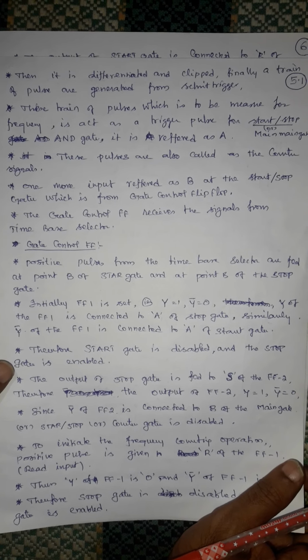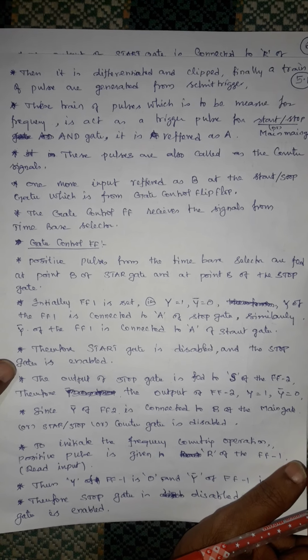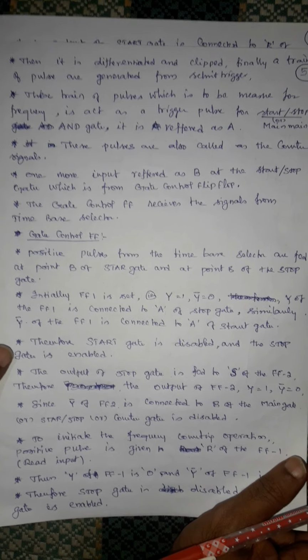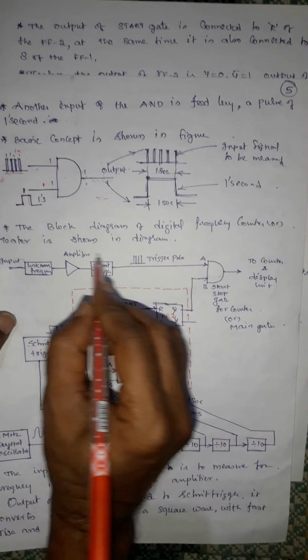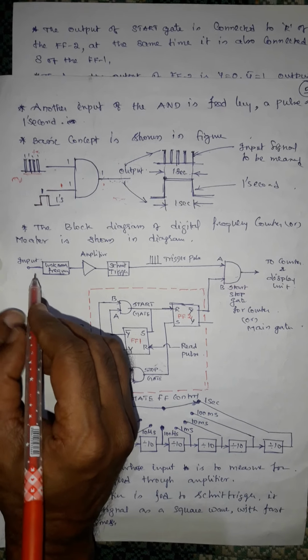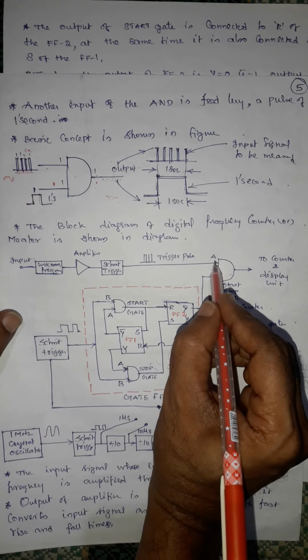The train of pulses whose frequency is to be measured acts as a trigger pulse for the main AND gate. It is referred to as A. So the entire input signal to be measured is given to A of the main AND gate.